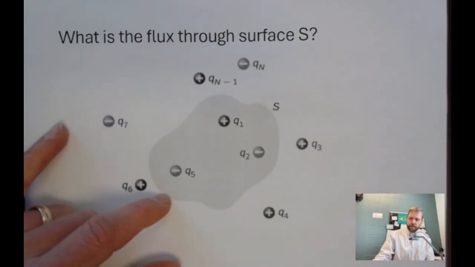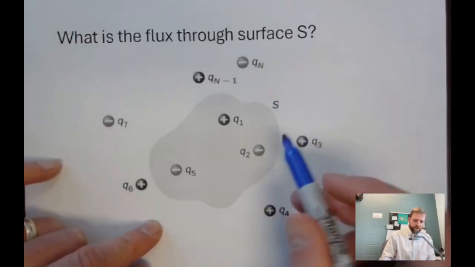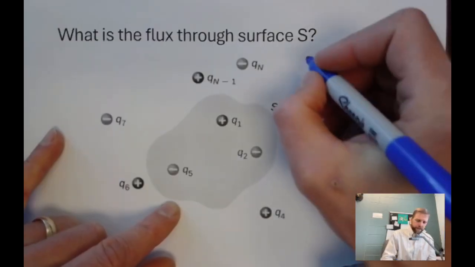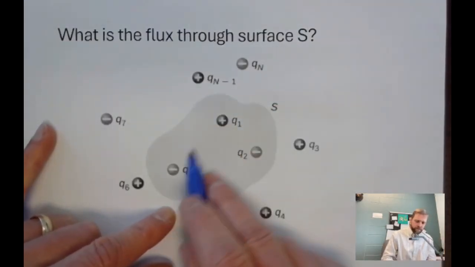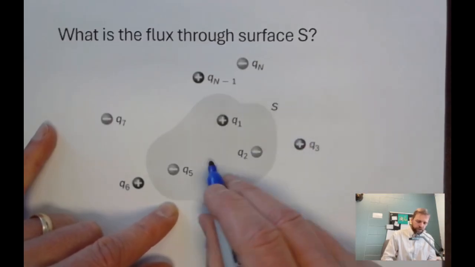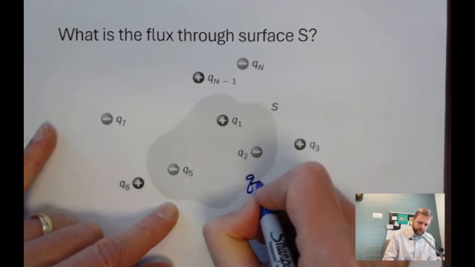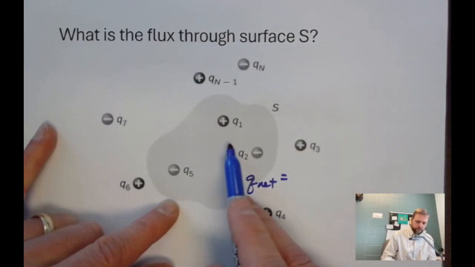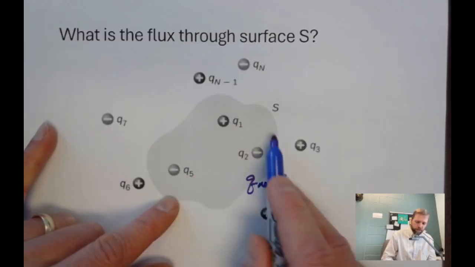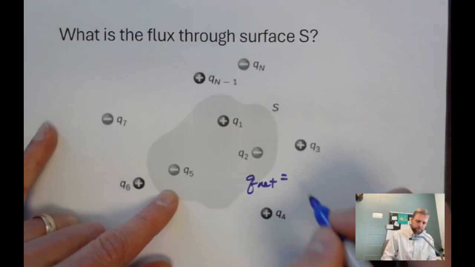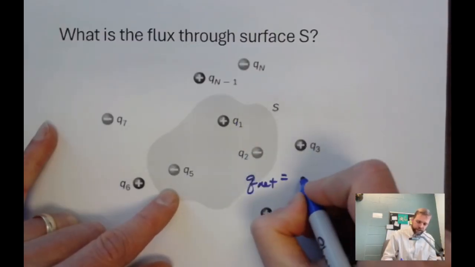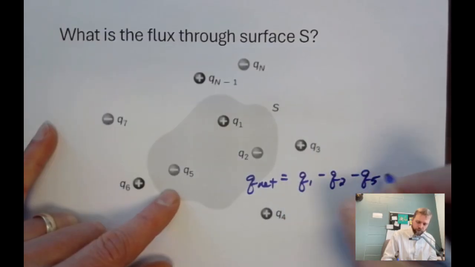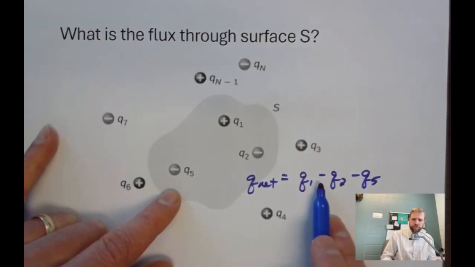All right, so here I want to know what is the flux through surface S. Here's the surface right here, that gray spot. The flux is going to be equal to the net charge over epsilon naught. Well, what is the net charge? Q net inside the surface. We don't care about all this stuff outside the surface. It's just the stuff that's enclosed in the volume that the surface encloses, which is Q1 minus Q2 minus Q5, where I'm including the sign of the charge here.